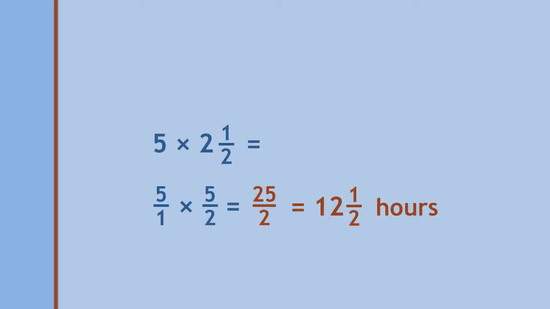We have a remainder of 1, and we keep our same denominator, which is 2. So our answer to our word problem is 12.5 hours. Okay, so there are our 2 different ways that we can multiply mixed numbers. So let's continue to get a little practice.